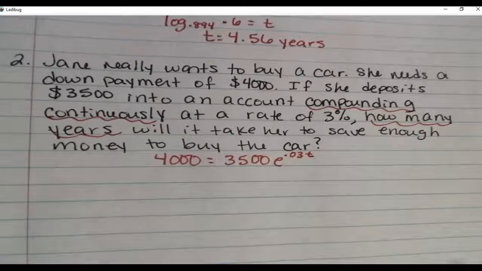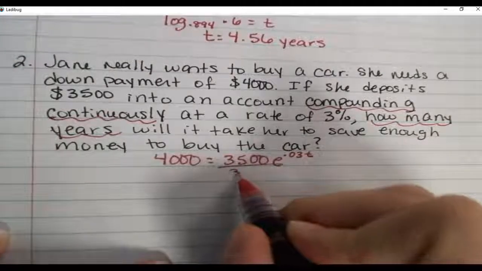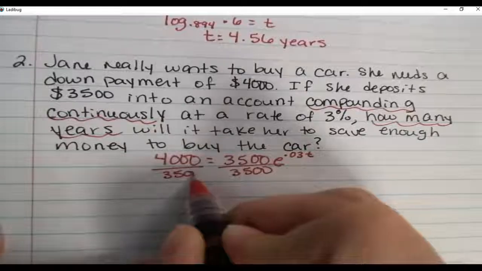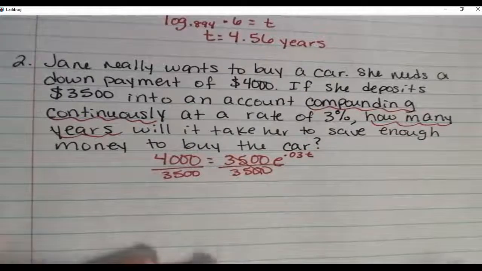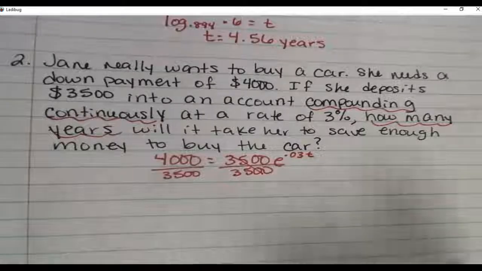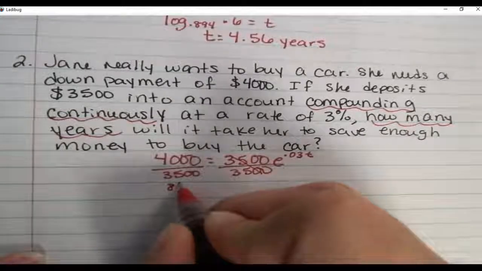So then, in this one, we want to get E by itself. So how can I move that 3,500? Good. Divide by 3,500. And then that's a pretty good decimal, so I'm going to leave it 8/7.